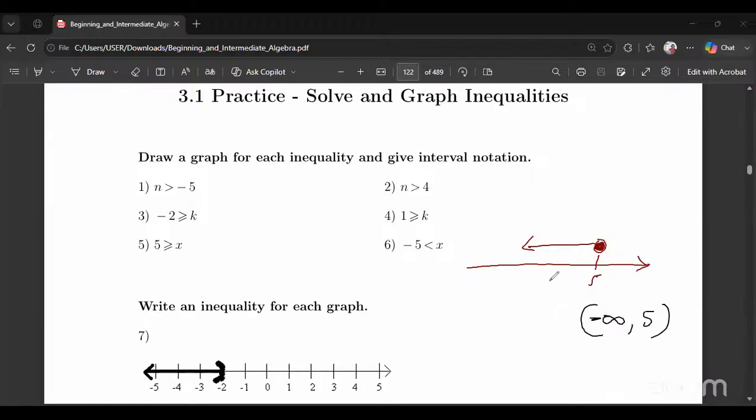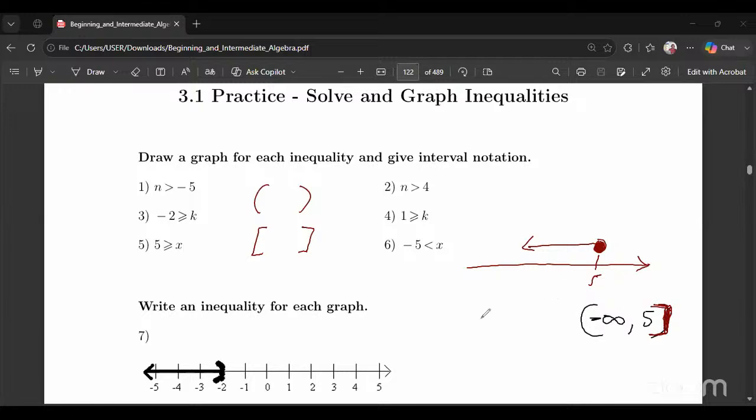we have different kinds of brackets when we are doing inequality. This one is usually called the open bracket, and this one is called the closed bracket. When we have 5 included, we are going to use the closed bracket here to tell us 5 is included.